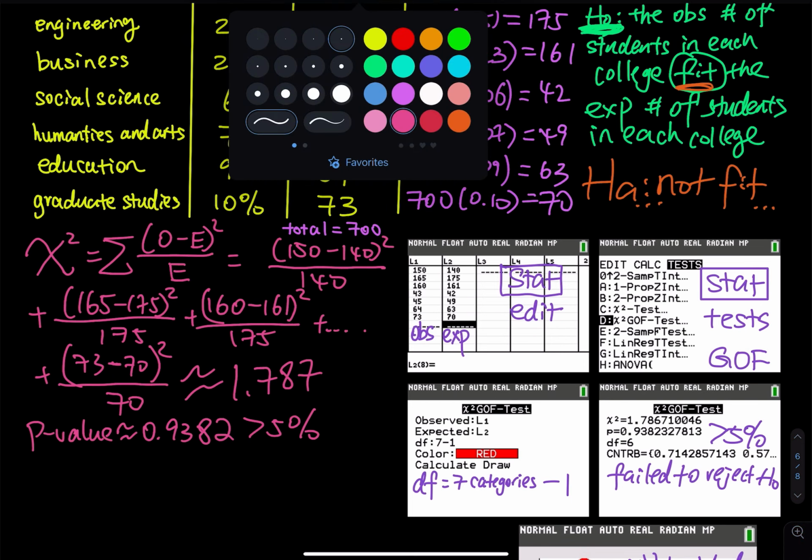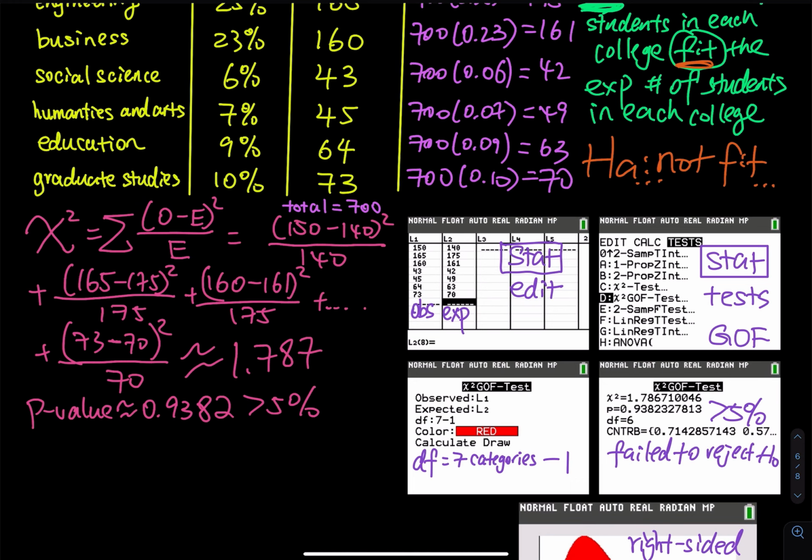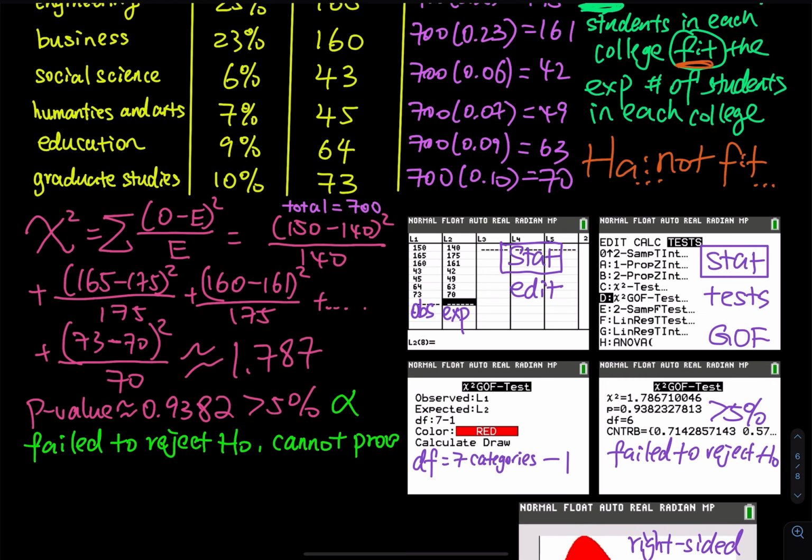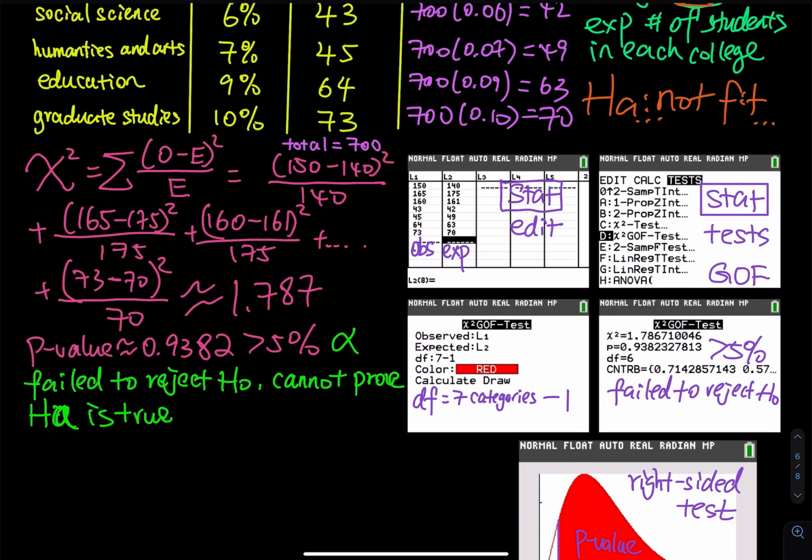Let's write this down. So since p-value is greater than 5% alpha, then you fail to reject H naught. So that means you cannot prove HA is true. So that means you do not have evidence to prove.